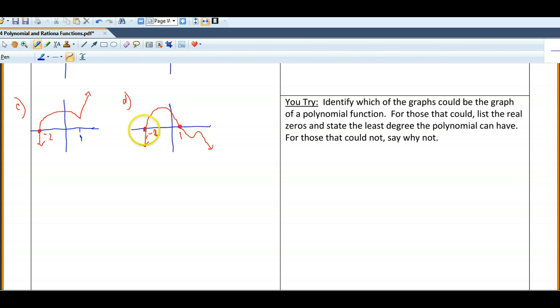The graph has 3 turning points: 1, 2, 3. So the degree of the polynomial must be at least 4. Okay? I'll save the rest for the next video.